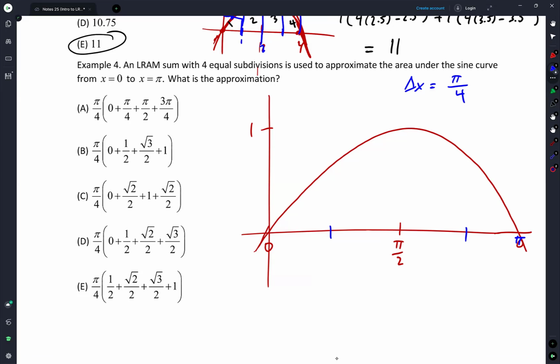My first rectangle, you're using LRAM. They told us to use LRAM, so from 0 to pi over 4 is your first rectangle. You have no rectangle. Then the next rectangle is from pi over 4 to pi over 2.